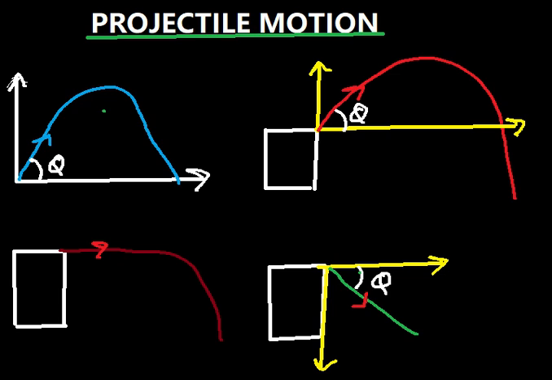Now projectile motion can be classified in different forms, based on the nature of the way the object is moving. We have the first case, which is the ground back to ground case. In this case, the object is released from the ground level and comes back to the ground level.